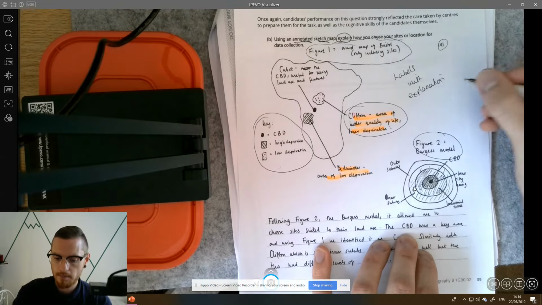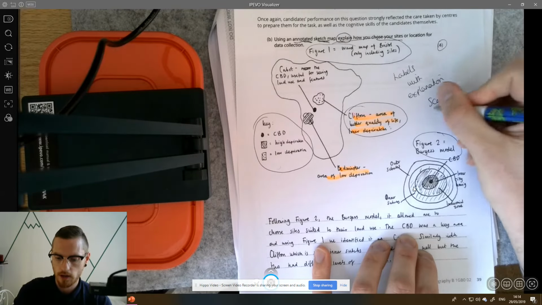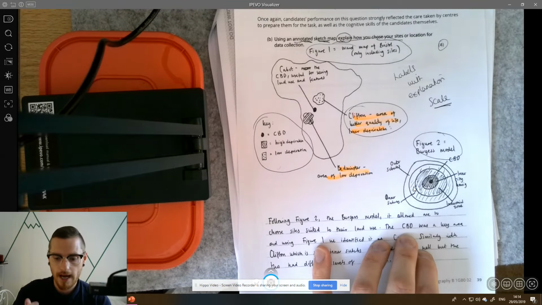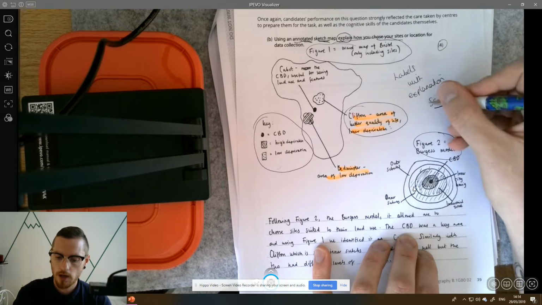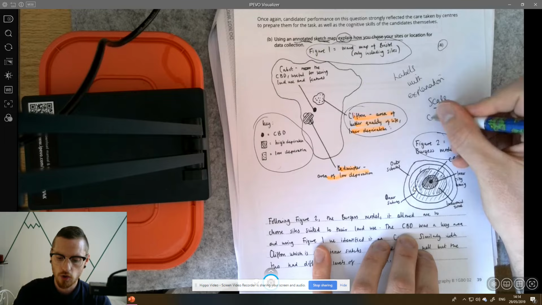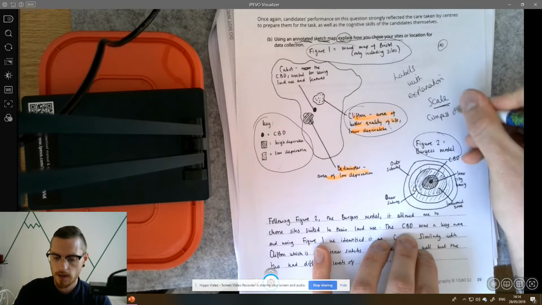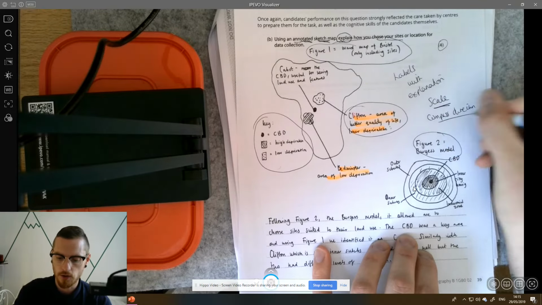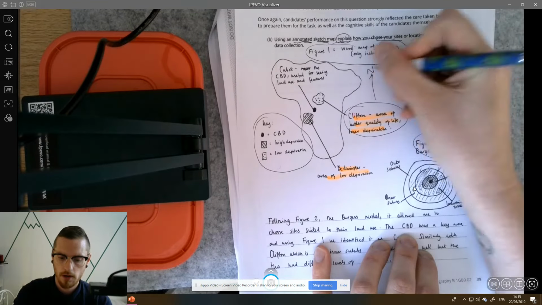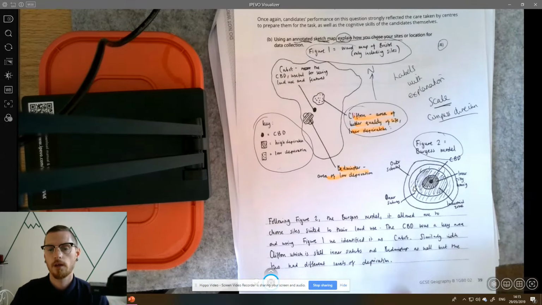I would also recommend that you include a scale if you can, or if it's appropriate, and also potentially use compass directions. So it might be appropriate for you to put on your north bearing there.